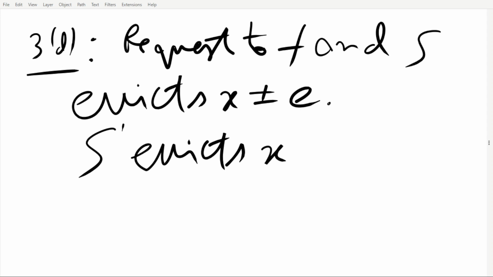S prime does the same, it evicts X and gets E. So we compare the cache of both S as well as S prime.